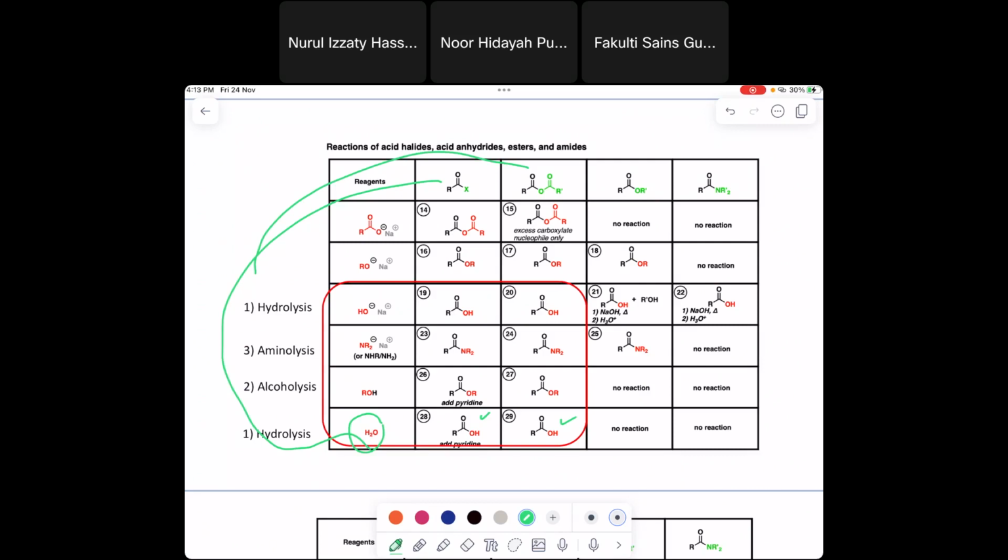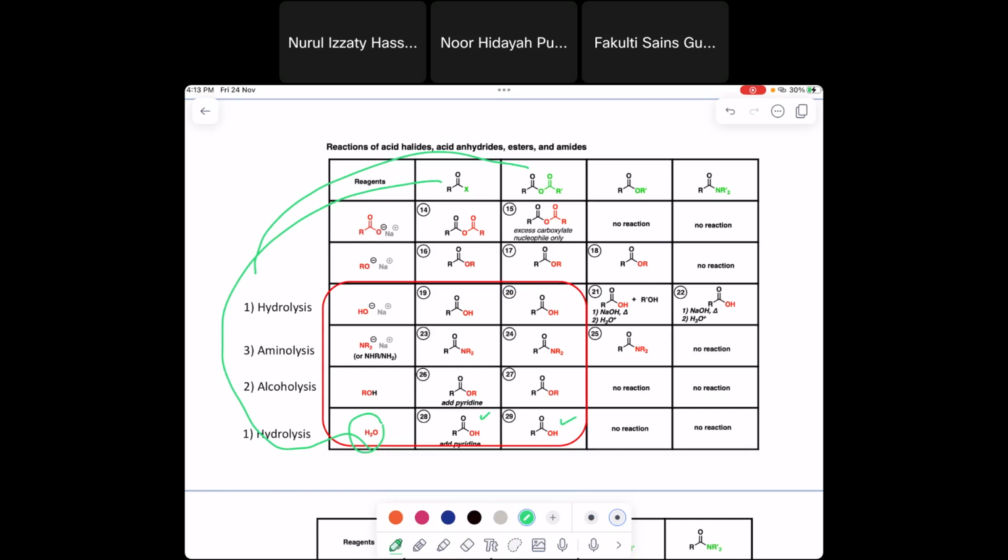If you don't want to use base, sometimes you can use just water. But when we do more complex reactions, with more complex reagents, sometimes you need more push from the base or acid.